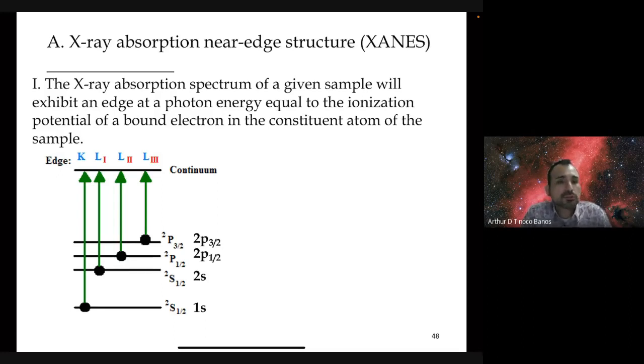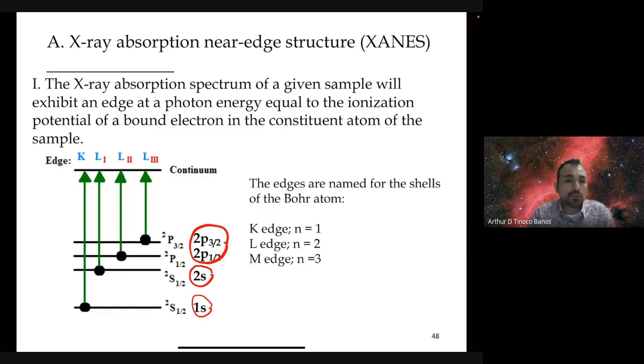So the X-ray absorption spectrum of a given sample will exhibit an edge at a photon energy equal to the ionization potential of a bound electron in the constituent atom of the sample. All right, that sounds very fancy, but what are we really talking about? Well, we're talking about the energy that corresponds to exciting, let's say, a 1s electron, a 2s electron, or even the 2p electrons, right? So depending on which core electron you're exciting, the edge you're referring to is the following.